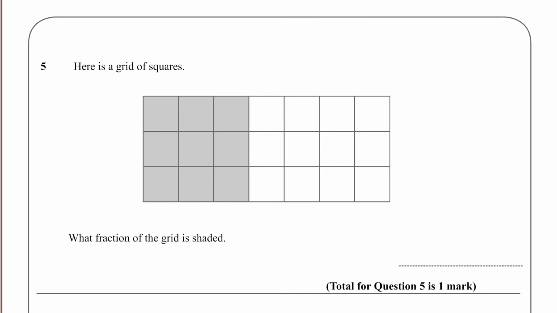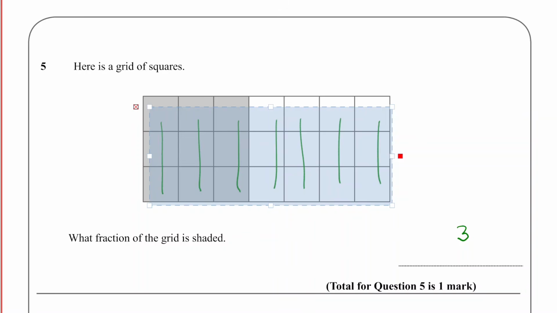Question 5. Here is a grid of squares. What fraction of the grid is shaded? So we could count how many squares are shaded out of how many squares there are in total. But I'm just going to do how many columns. So we've got 1, 2, 3 columns shaded out of 4, 5, 6, 7 columns in total.